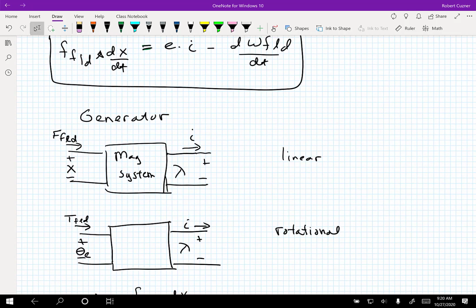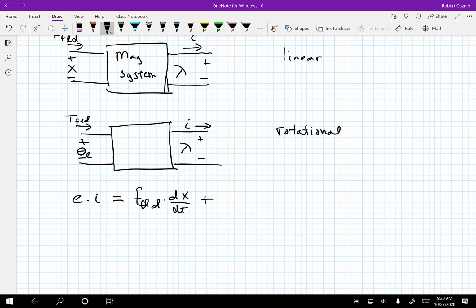I need to double check to see if I wrote down the generator equation. Yeah. So now what we have is a positive change in energy, and minus the losses. And then we could just neglect this. And we get E times I.